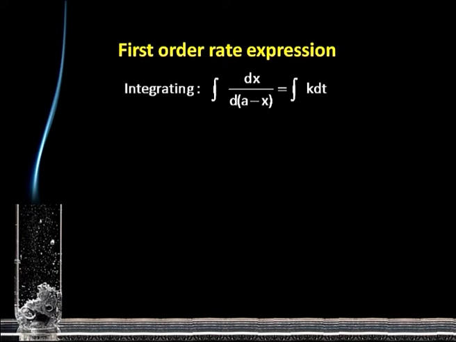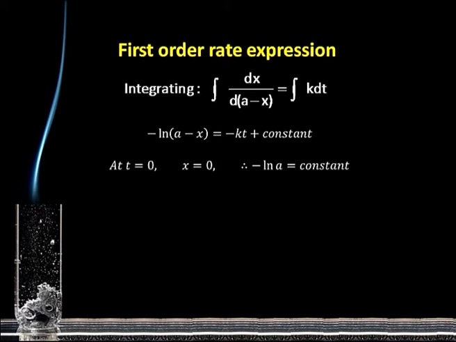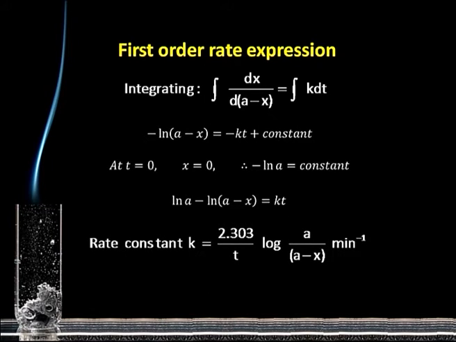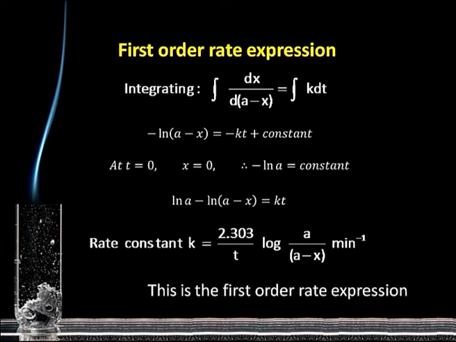Integration will ultimately lead to first evaluation of the integration constant, and then we get the final equation, the integrated form: k is equal to 2.303 by t into log A upon A minus x. The unit works out to be time inverse. Generally we use minute inverse, and this is the first order rate expression.